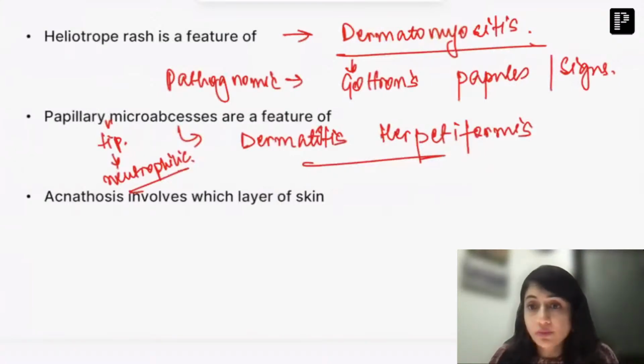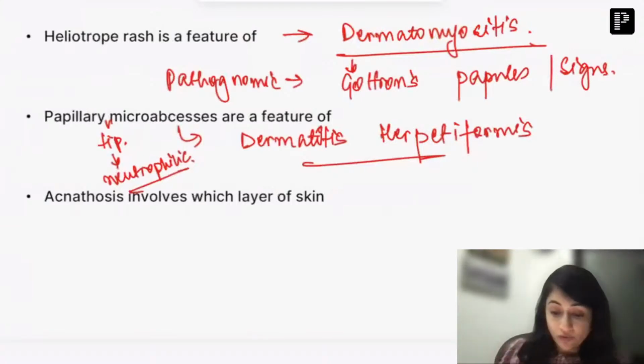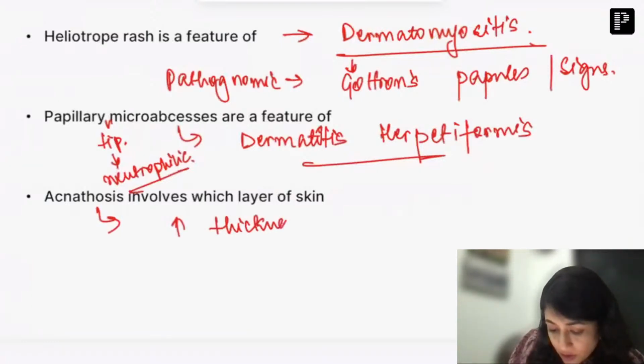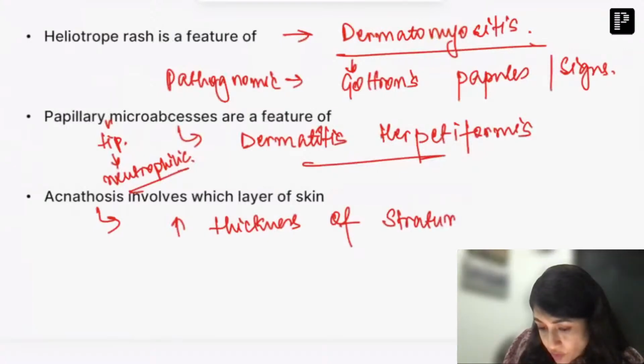Next question from the basics. Acanthosis involves which layer of the skin? What is acanthosis and what layer of the skin does it involve? Yes. So acanthosis is increased thickness of stratum spinosum.